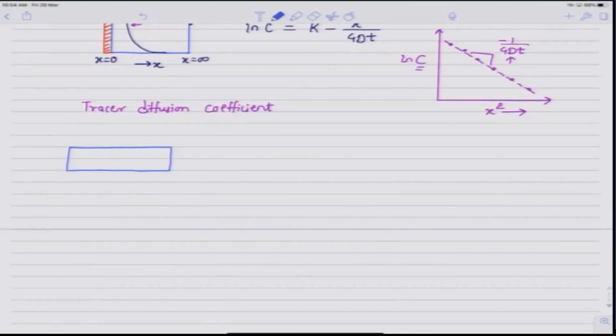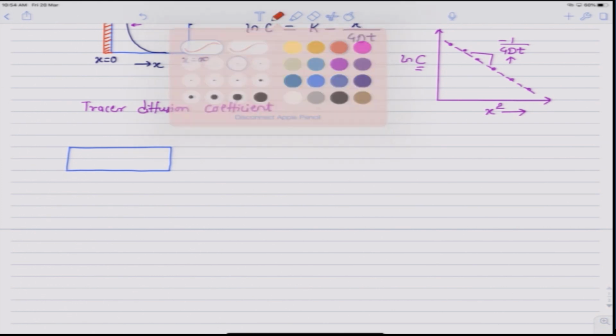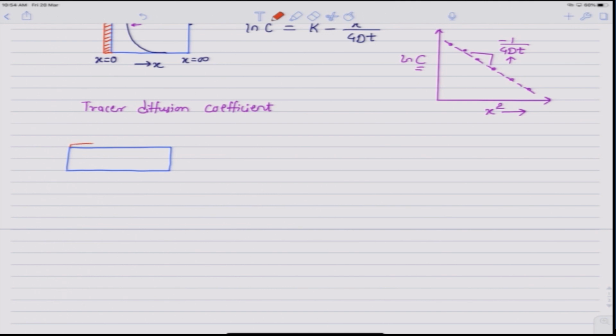So, we take the substrate of B, its surface is metallographically polished very well, and then a thin layer of radio tracer A is deposited onto the polished surface.